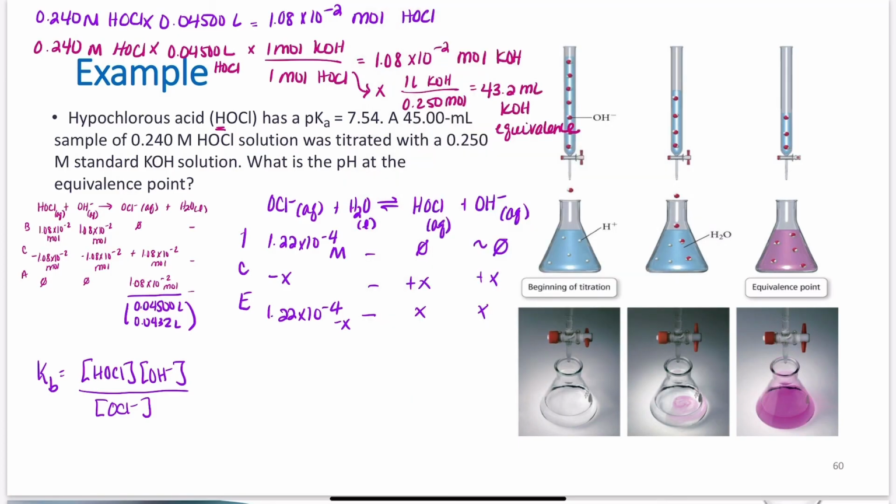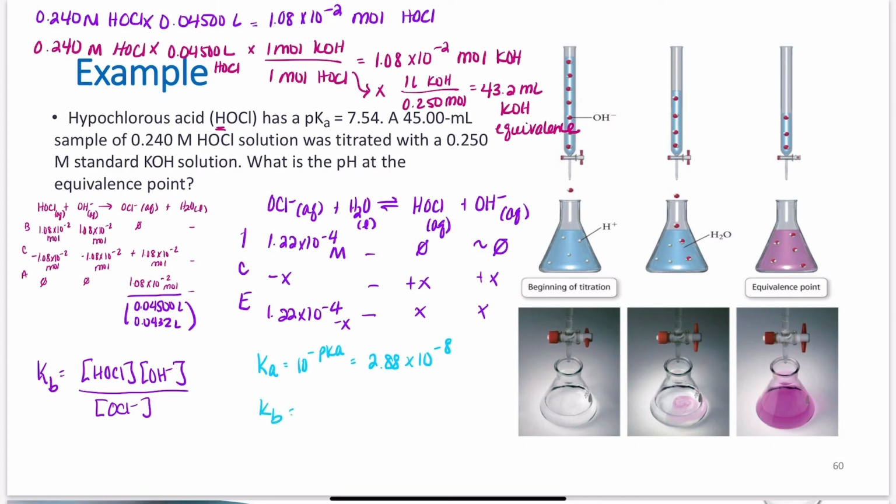I don't have Kb. Truthfully, I didn't even give you Ka on this equation, but I gave you pKa. So I can find Ka by undoing the pKa. Ka is equal to 10 to the negative pKa, which is 2.88 times 10 to the minus 8.